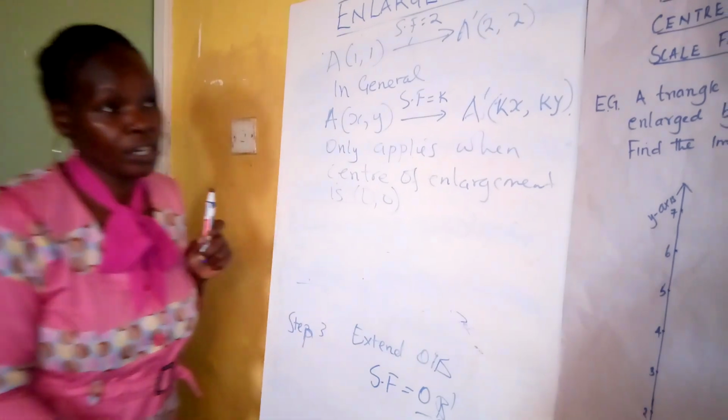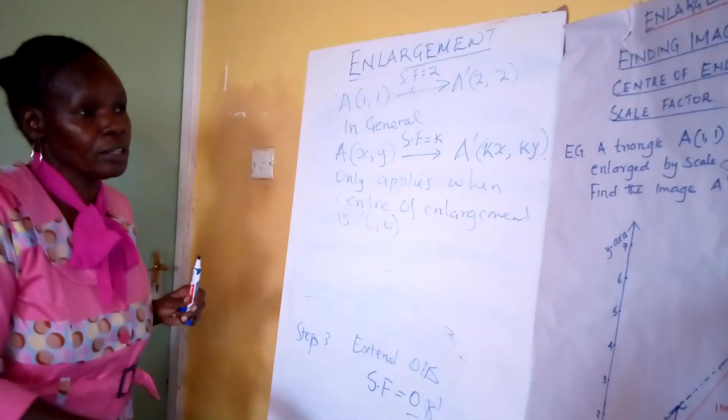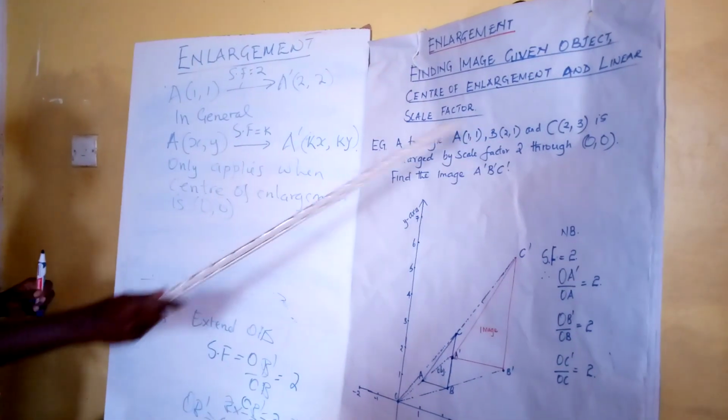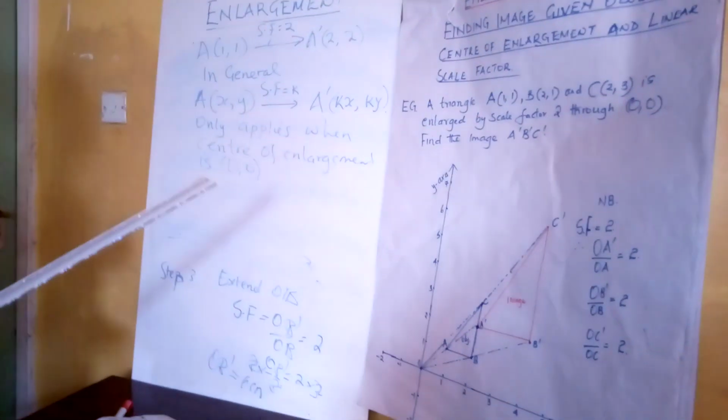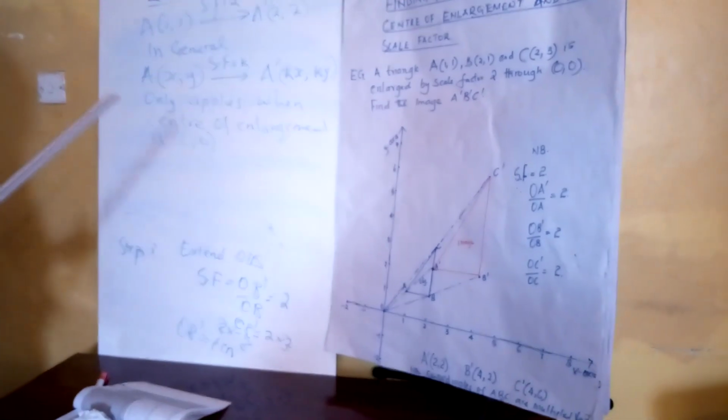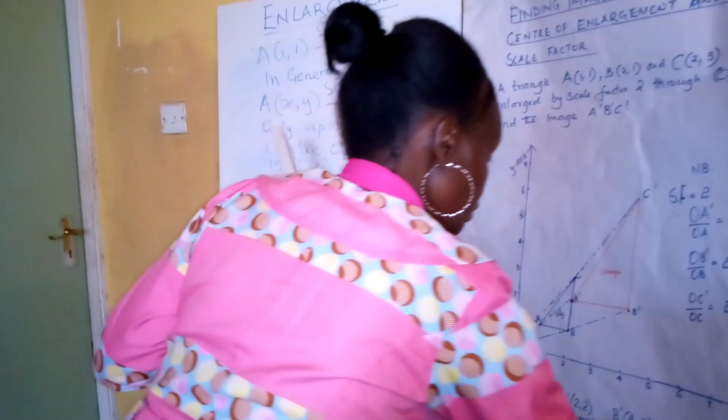Now, we move on. This example I had given you, the scale factor was 2. I want to give you a scale factor that is less than 1. So let us see what is going to happen.